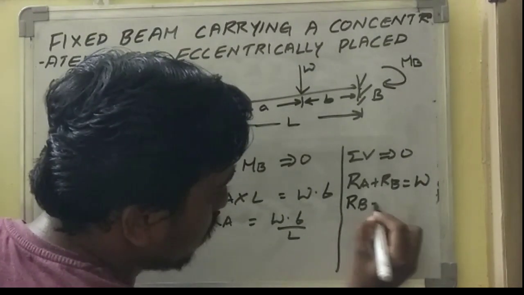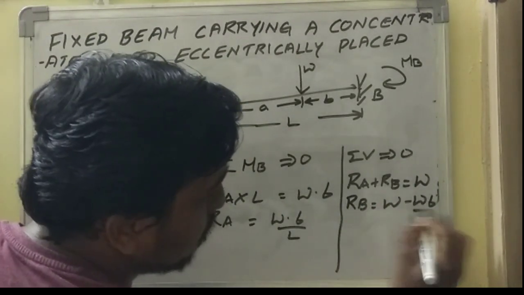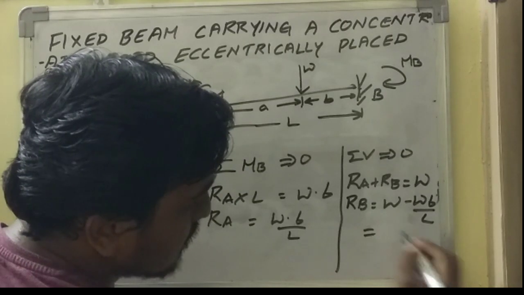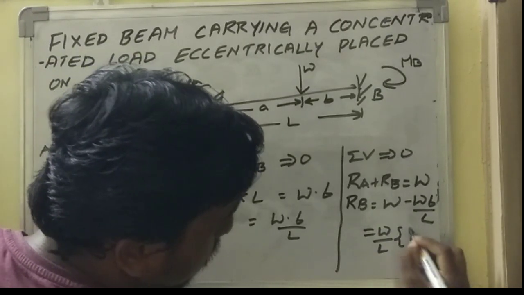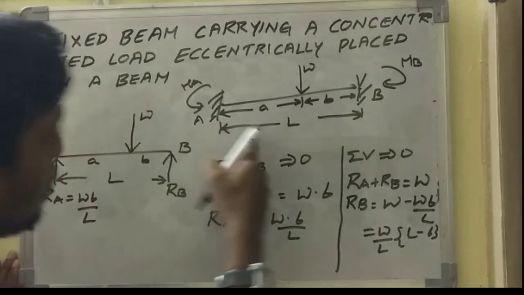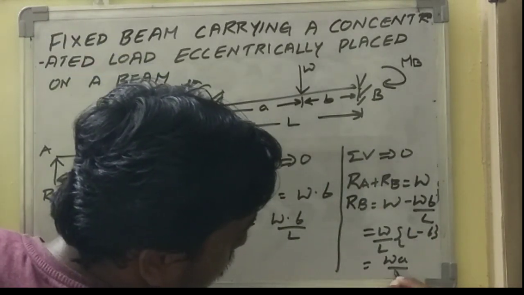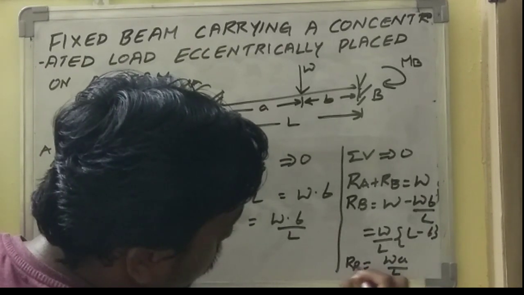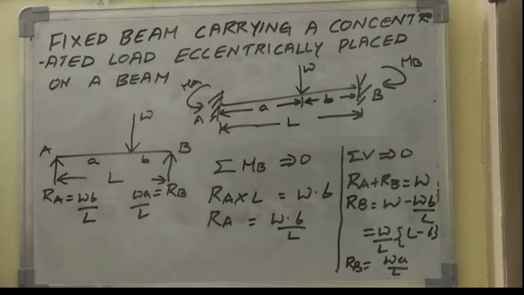Therefore, RB equals W minus RA, that is W minus WB by L. Taking the LCM and taking W outside, you will get L minus B. So A plus B equals L, L minus B equals A. Therefore, RB will be equal to WA by L.